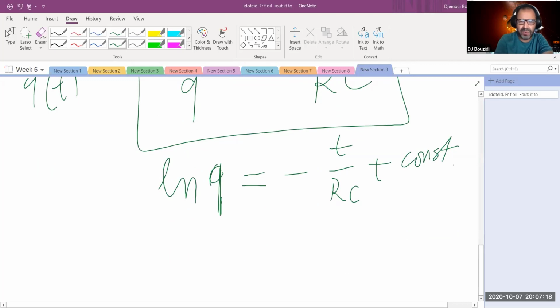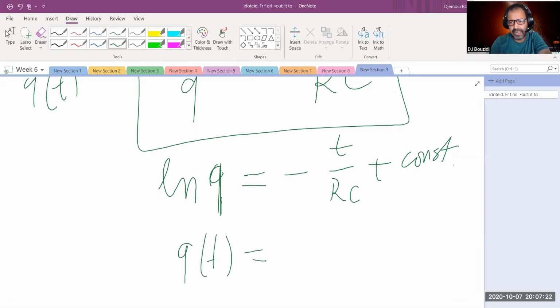So on one side, we'll find Q as a function of time. On the other side, the exponential of the sum is the product of the exponentials. On one side, it's the exponential of a constant, which is another constant, not necessarily that same constant, times the exponential of negative t over RC. We really have to find what that constant is.